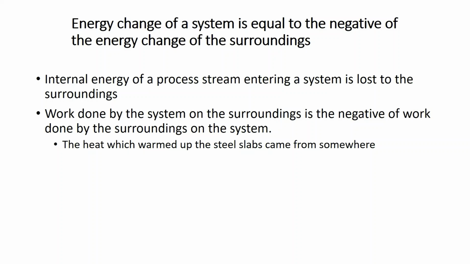This is a concept that we want to take home. The internal energy of the process stream entering the system is lost by the surroundings. Work done by the system on the surroundings is the negative of work done by the surroundings on the system. Just think about it: the heat which warmed up the steel slabs had to have come from somewhere.